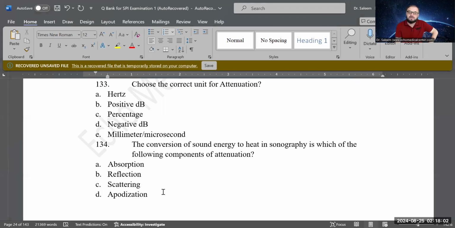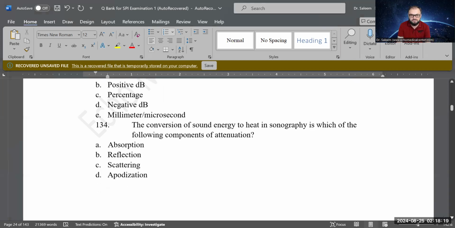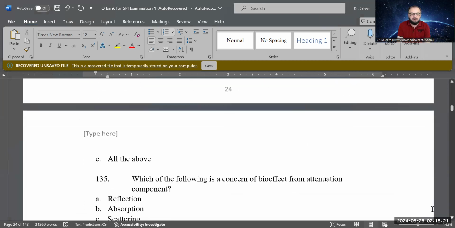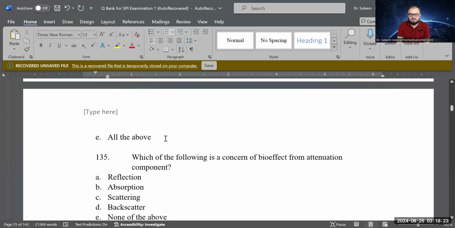Yes, A is the correct answer. It's called absorption. In the tissue, the sound energy will convert to heat energy, and this way we are losing sound. That is a component of attenuation, because the sound is losing its energy. E was not the correct answer. A, absorption, was the correct answer.